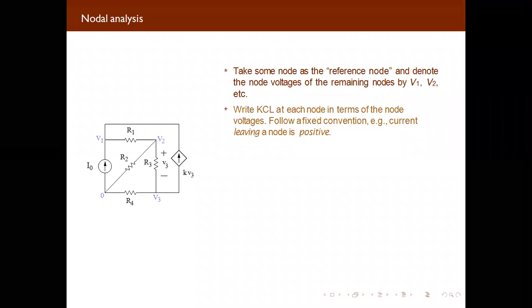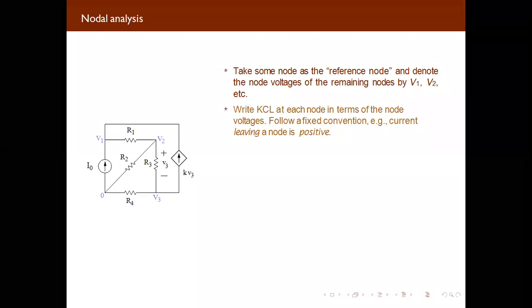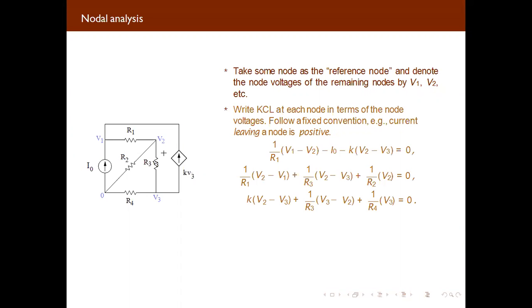If we are assigning and taking the reference node voltage as 0, we can apply KCL at each node in terms of node voltage, because here we are supposed to use node analysis. We use our sign convention: if current is leaving, we take it as positive.